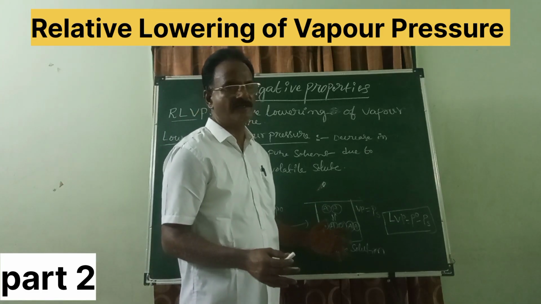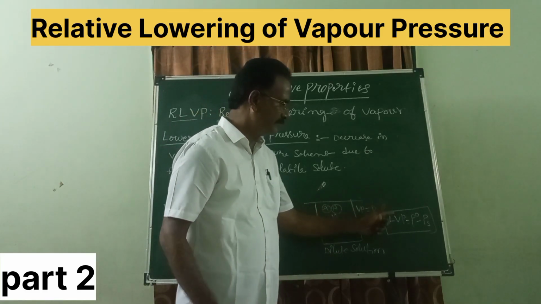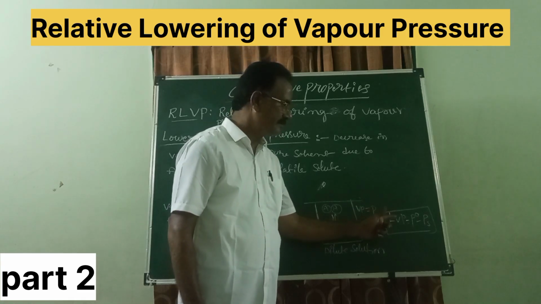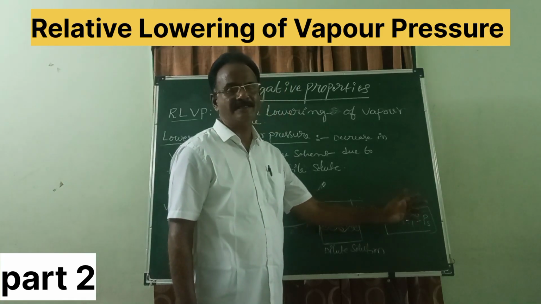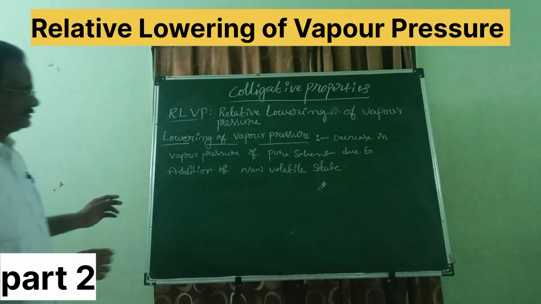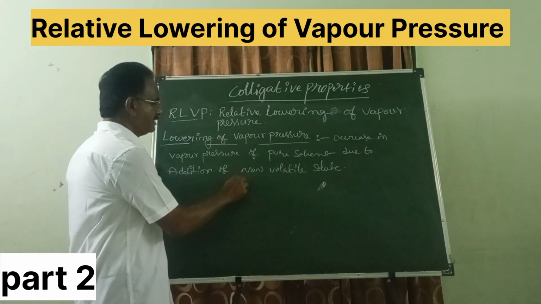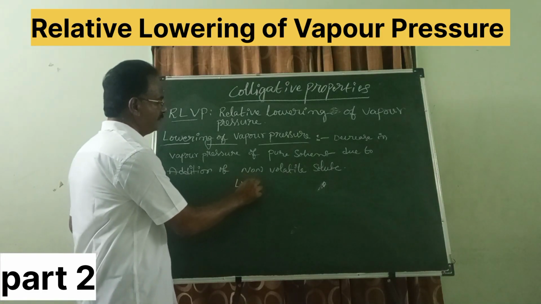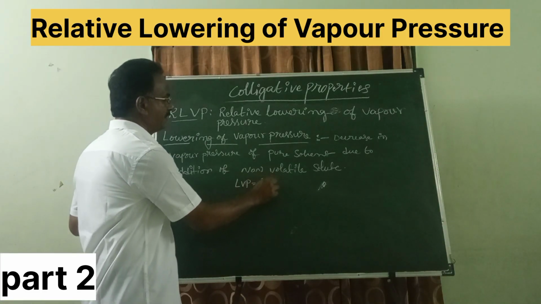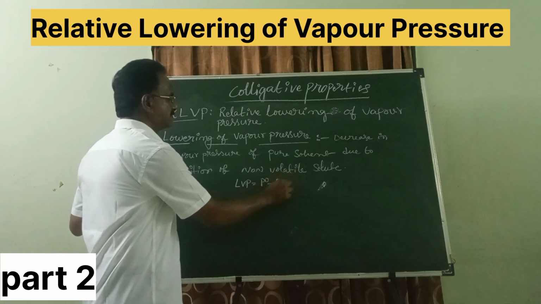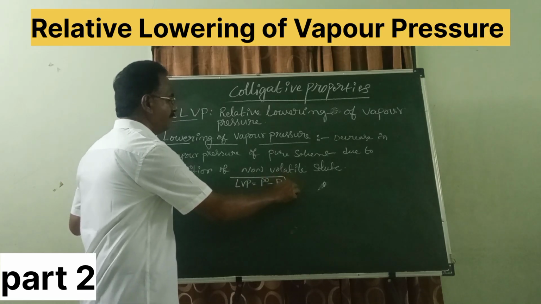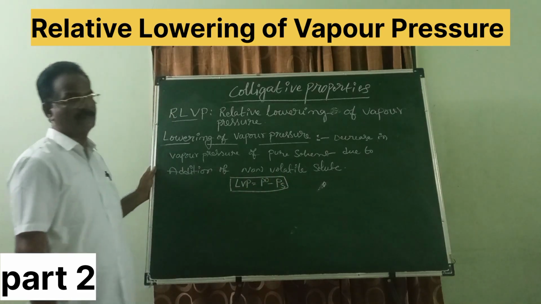That is said to be lowering of vapor pressure, and it can be represented as LVP is equal to P0 minus Ps. This is LVP, lowering of vapor pressure.